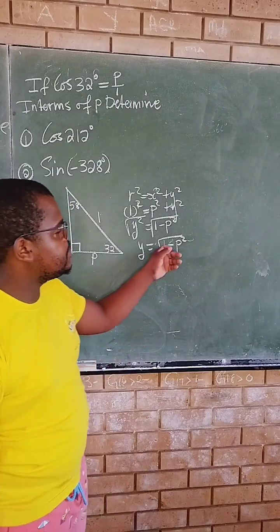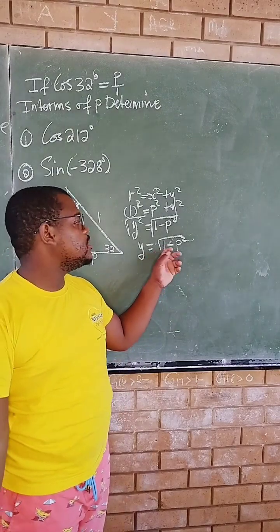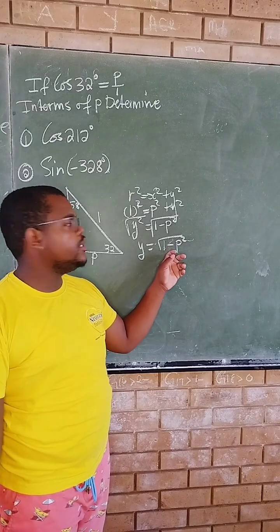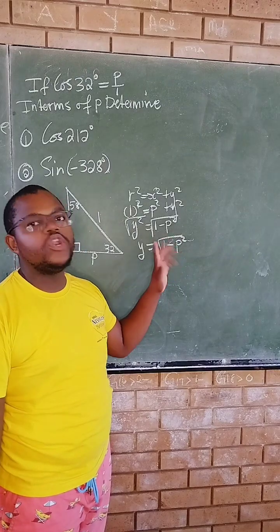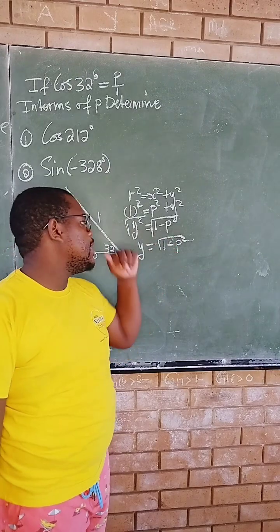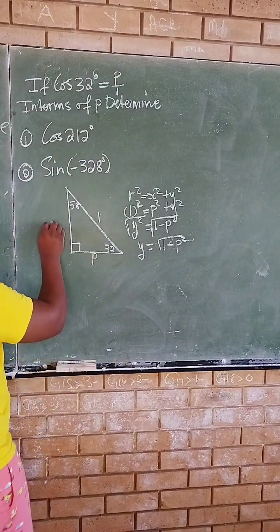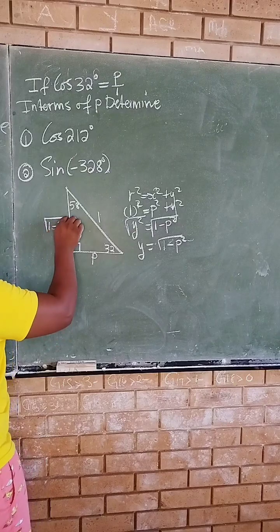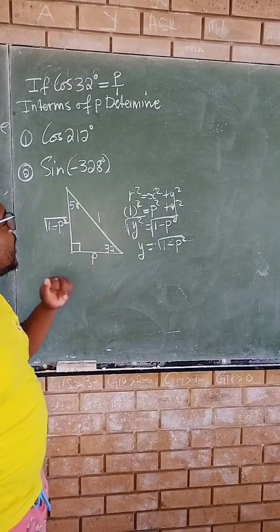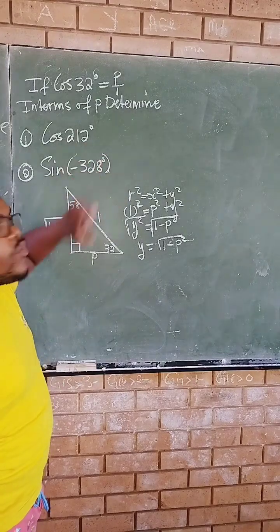You cannot simplify further and say this is the root of 1 minus p only, because there's a square, so I can remove the square. No, you don't do that, okay? Now let's go for it. Then this means it will be root of 1 minus p squared. If it's like this, then I go and answer the questions.